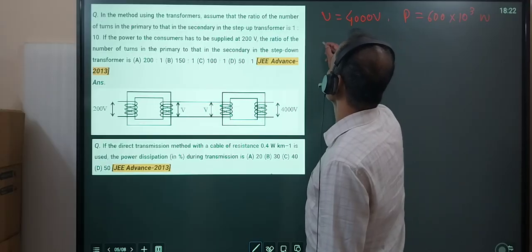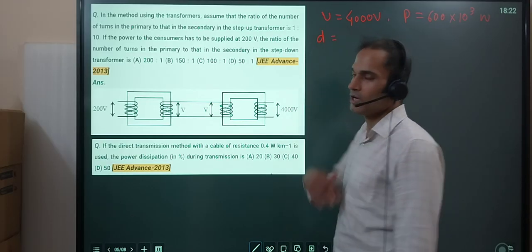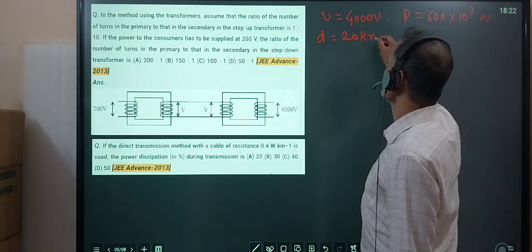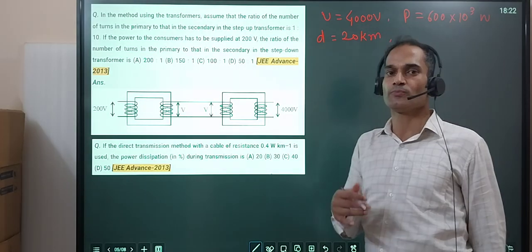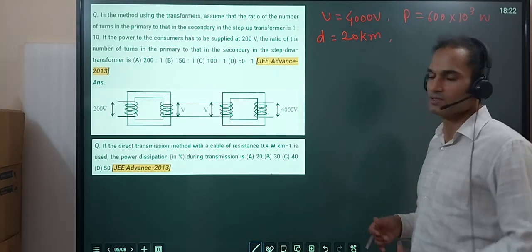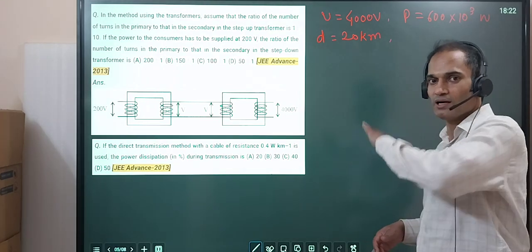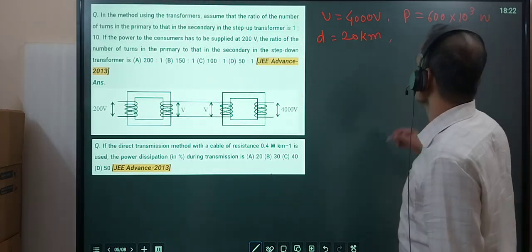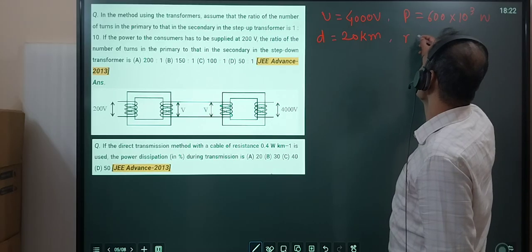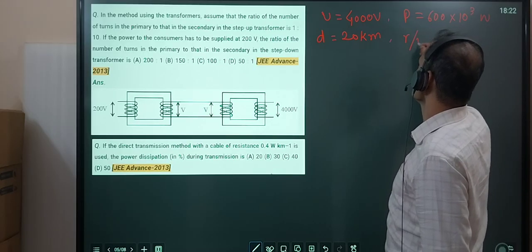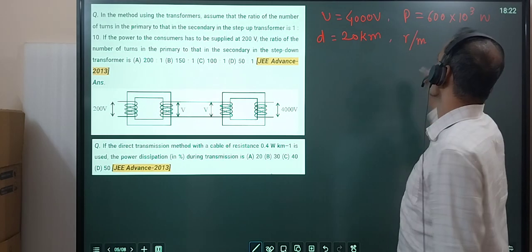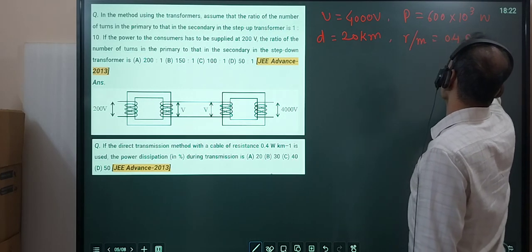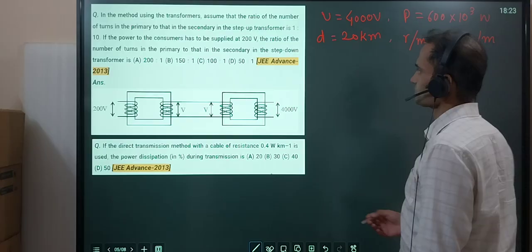Also, you have to supply at a distance of 20 kilometer, and the wire is 20 kilometer, up and down. The resistance of the wire, resistance per meter, is 0.4 ohm per kilometer.